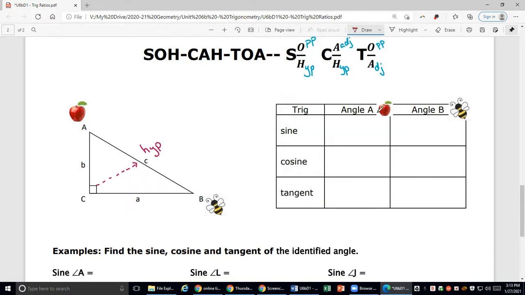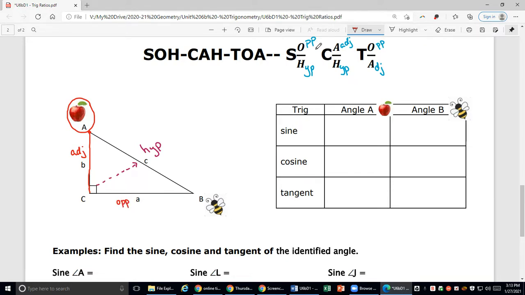For this first one, I'm looking at angle A. So I'm standing right here at A for apple, which means B is going to be my adjacent side. And then all the way across from that angle, A is going to be my opposite side.